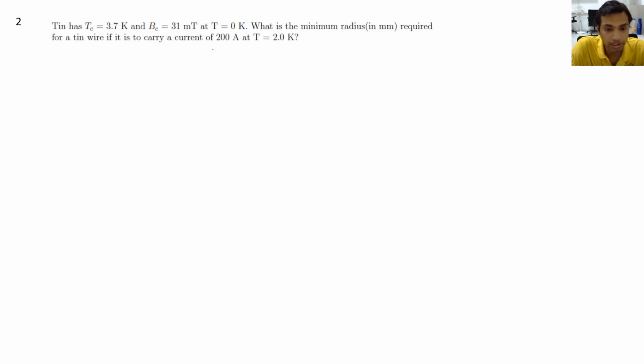So we have to find the magnetic field at 2 Kelvin, and corresponding to that, you can think of the tin wire as kind of a cylinder.